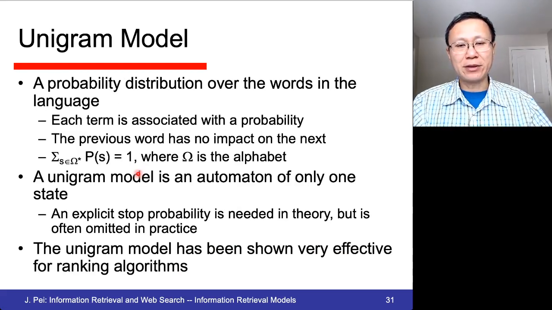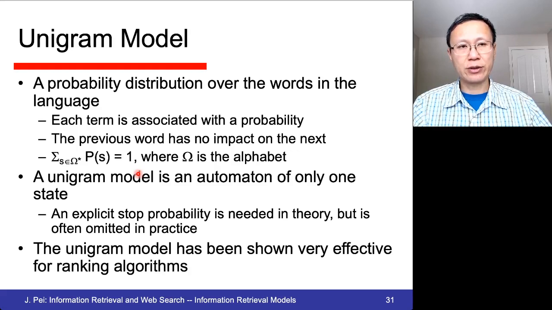Let's start from the simplest language model, the unigram model. A unigram model follows a probability distribution over all the words in the language. Here, each word or each term is associated with a probability.